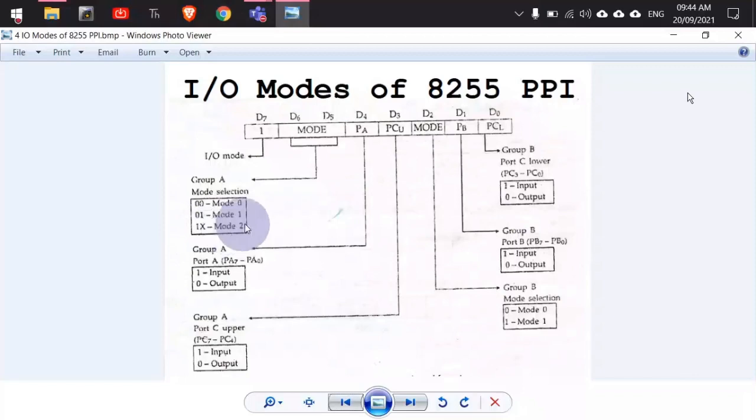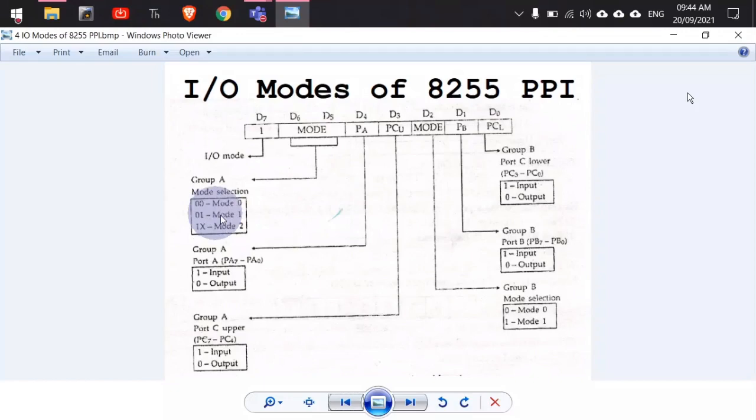In BSR mode this was not needed. However, if you work in I/O mode, which is clear from the most significant bit, you will be able to see which sub mode you are operating in by seeing the contents of D5 and D6: 0, 0 for mode 0, 0, 1 for mode 1, and 1, 1 or 1, 0 for mode 2. So by seeing this, the sub mode will be clear to us.